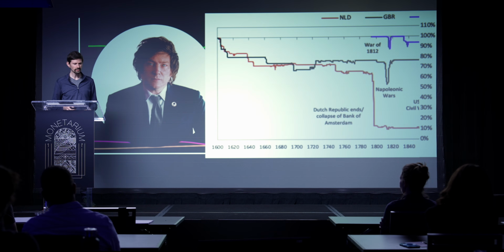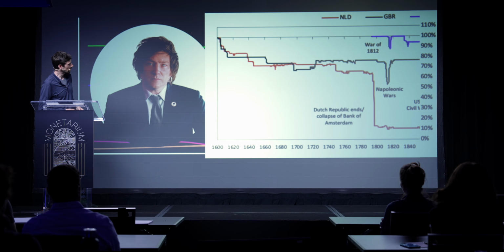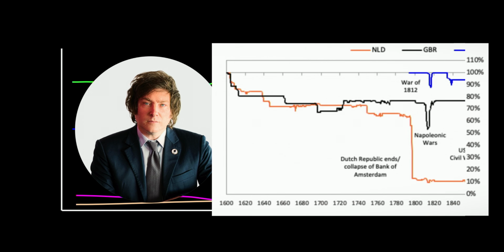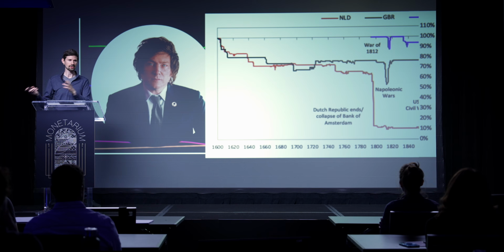Another example, this is showing the Dutch guilder is the line in red, British pound is in black, and I'm just showing this first part of the chart because I want to focus on the guilder. When the Dutch guilder collapsed, it's not that the Netherlands moved on and said, okay, we're getting rid of this currency and switching to something else.